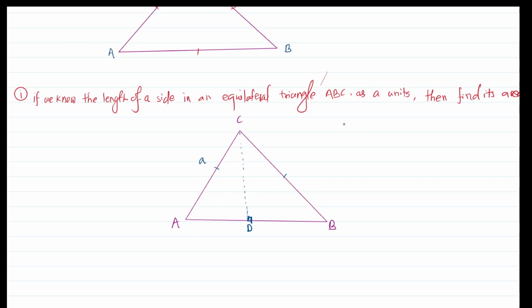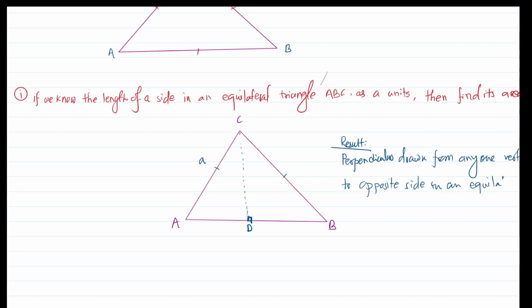And in the case of a right triangle, we have to remember one result, that is, the perpendicular drawn from any one vertex to the opposite side in an equilateral triangle bisects that side.